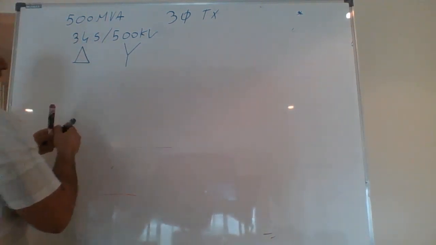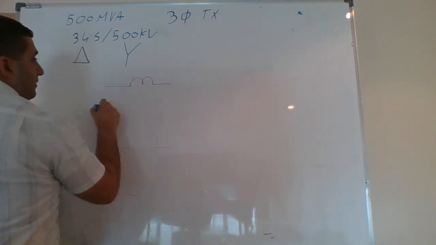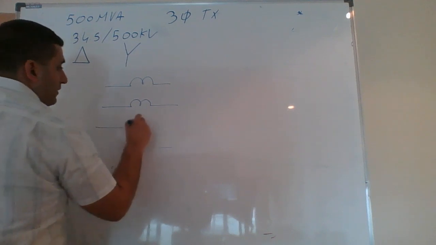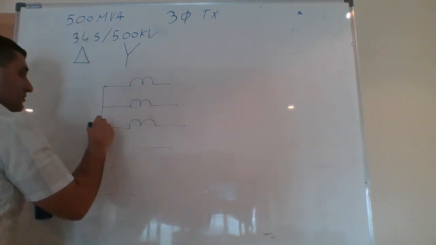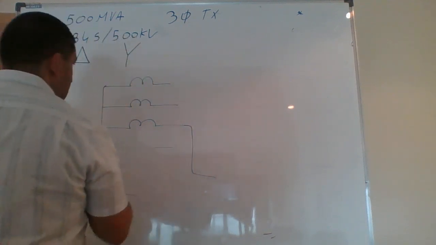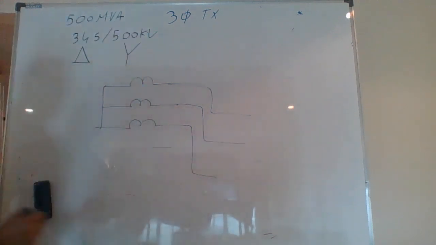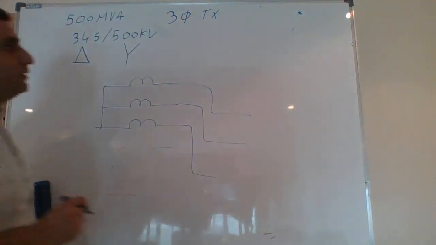So now I have one CT, one CT, one CT. All this as a Y, and in here I have one current goes in, one current goes in, one current goes like this. Perfect.